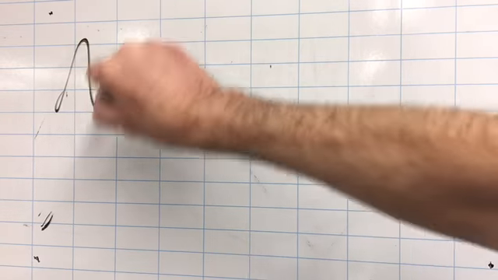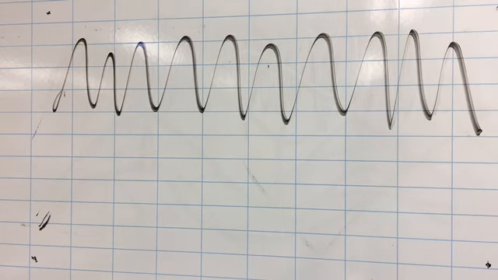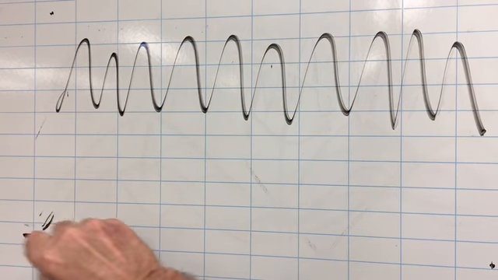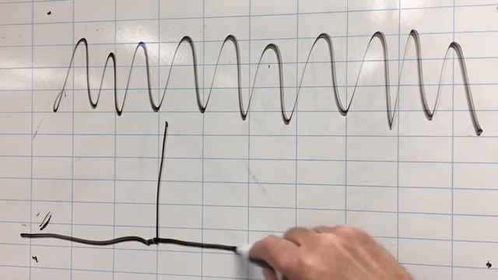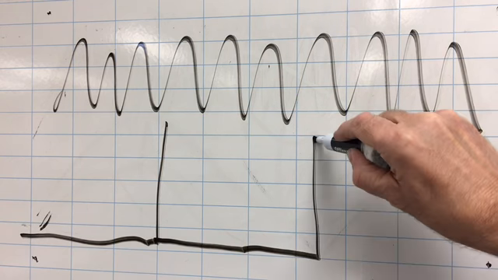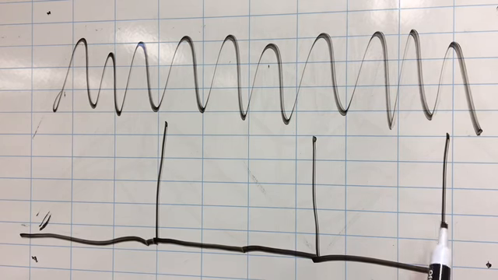We'll draw the high frequency crystal oscillation. And what if we created very narrow spikes? This would actually be a pulse rate. You wouldn't necessarily call this a frequency at this point.